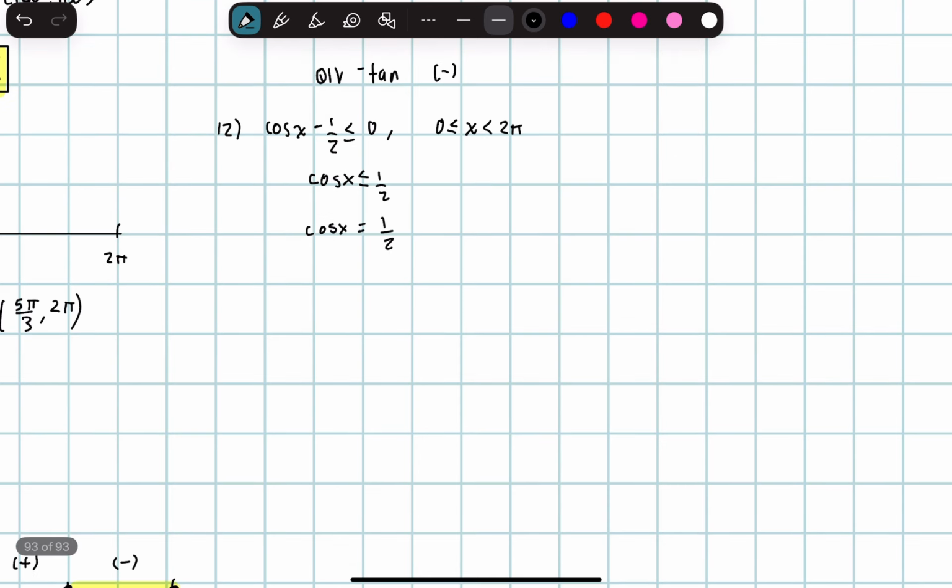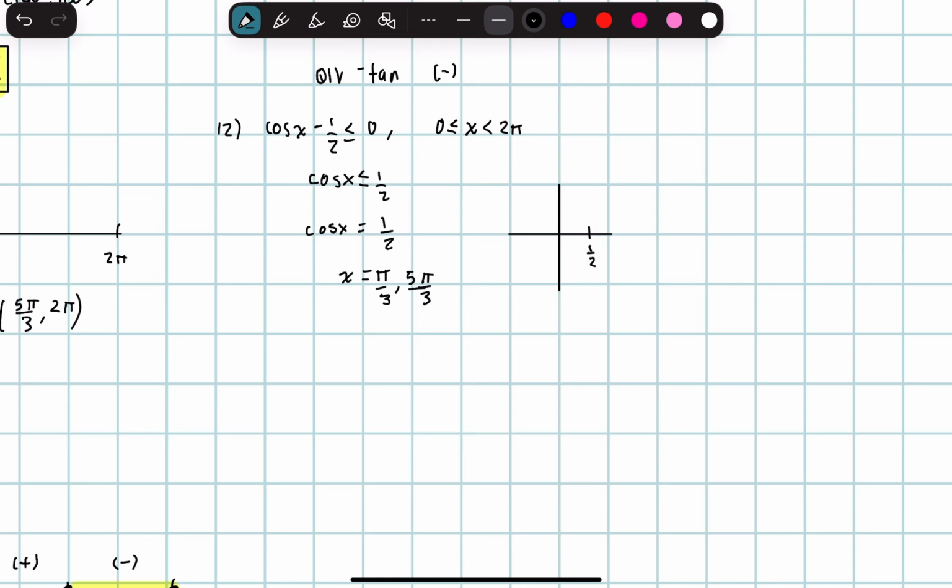So we know that cosine of x gives you the exact value of 1/2 at the angle of pi over 3 and also at the angle of 5 pi over 3, which is 300 degrees. So if you want to quickly draw this out, just think of the fact that 1/2 is right here, right?